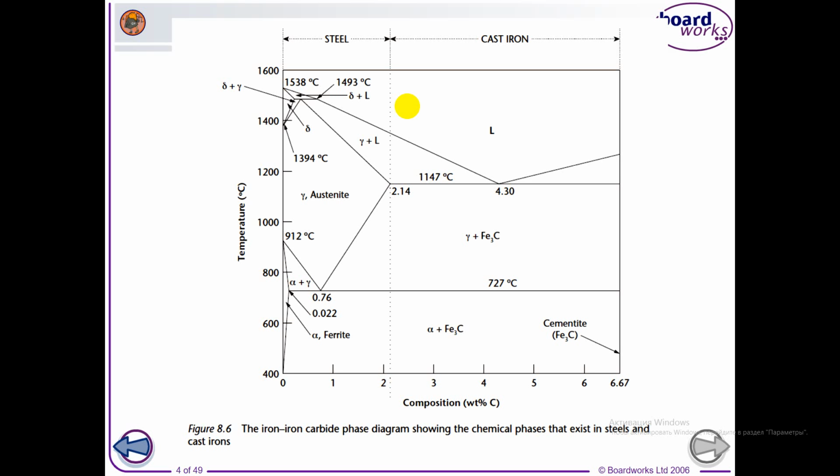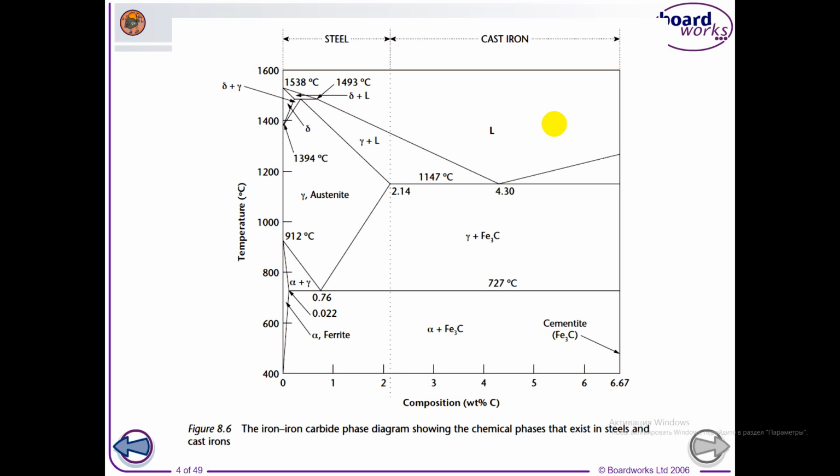At this stage, the metal starts to melt, and then finally to complete liquid. Cast irons have similar reactions and transformations, with the difference being that there is a larger amount of cementite present.